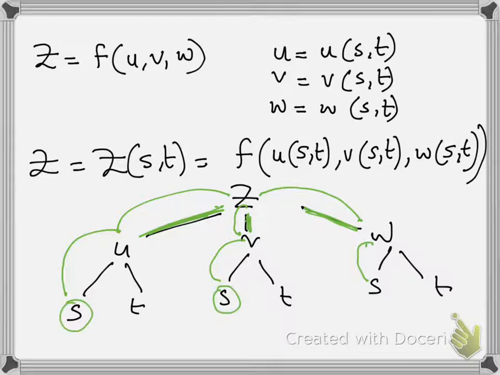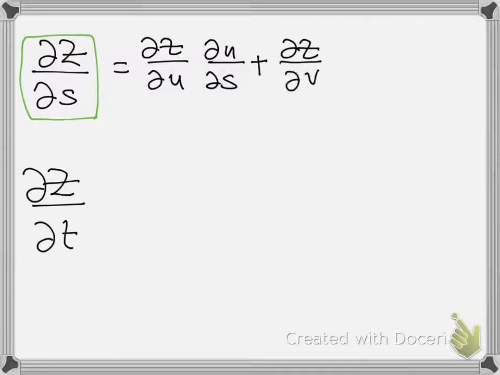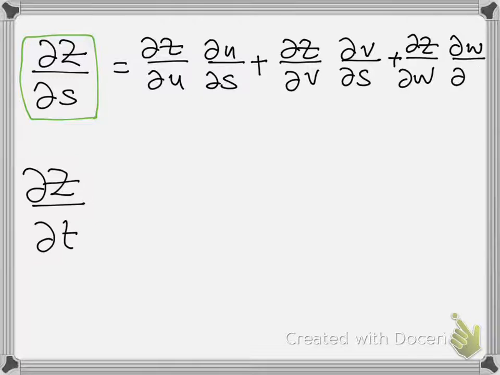So to go from z to s there are three different ways: through u, through v, or through w. So if you go through u, that will be partial z, partial u, partial u, partial s, plus, then you go through v, so partial z, partial v, partial v, partial s, and you can also go through w, so that's partial z, partial w, partial w, partial s.